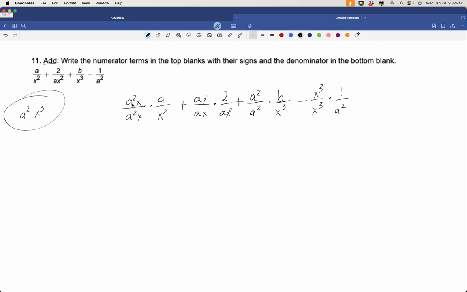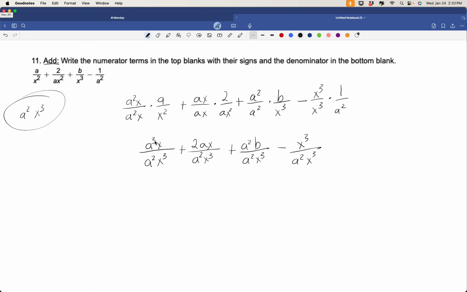Now I do all the multiplication. If I do this times this, I get a cubed x over a squared x cubed, plus 2ax over a squared x cubed, plus a squared b over a squared x cubed, minus x cubed over a squared x cubed.